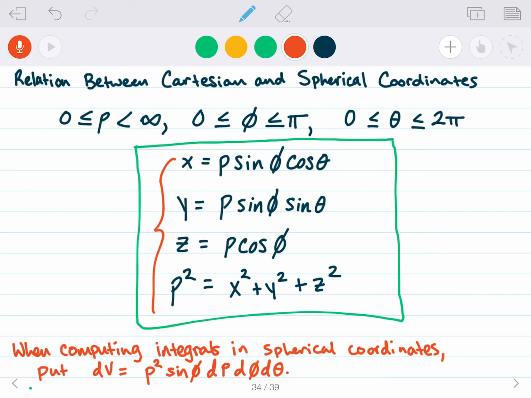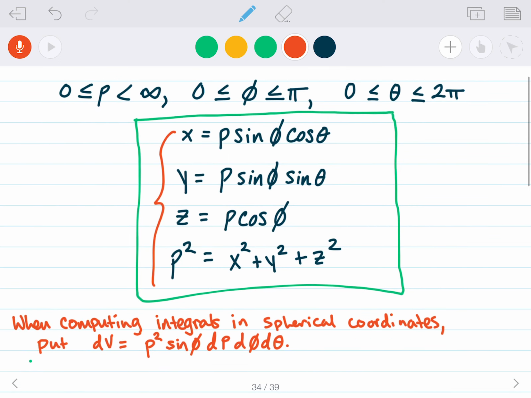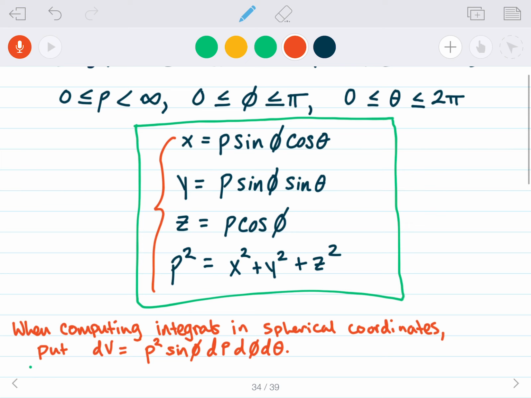When computing integrals in spherical coordinates, we're going to have dV equal to rho squared sine phi d rho d phi d theta. So just like in polar when we had r dr d theta, this is the stuff that comes along with whatever we're integrating. And we have these identities to use here.